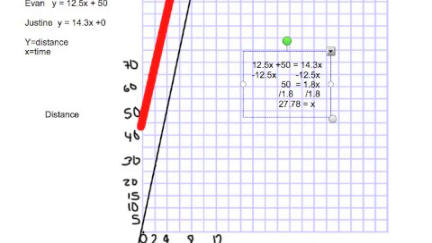So that's part A. How long before Justine will surpass Evan? For part B, what I would like to know is, what is the distance when Justine will pass Evan? For the distance, I'm going to use Justine's equation. After 27.78 seconds, the distance is going to be y equals 14.3 times the time, which is 27.78 seconds.